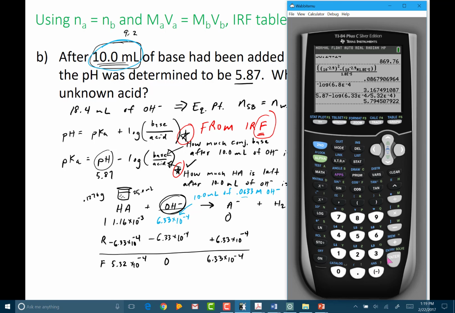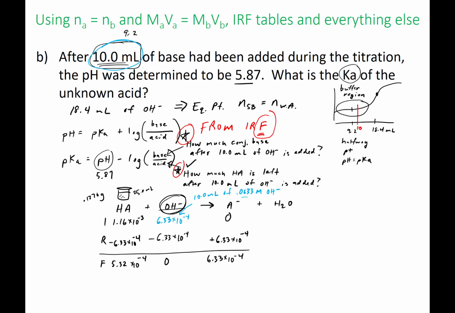Okay, and I get my answer is 5.79. So after I use this equation, I get pKa is 5.79, and the Ka is just 10 to the negative 5.79. I have that done ahead of time.